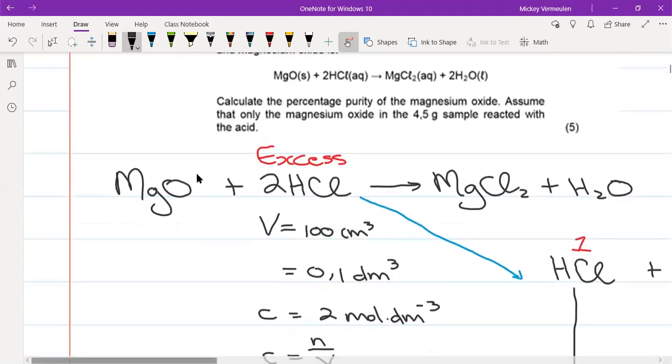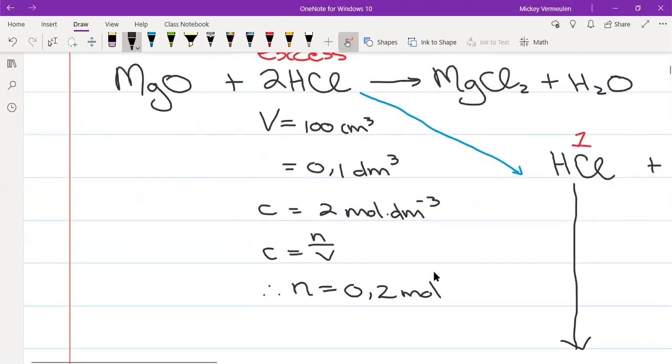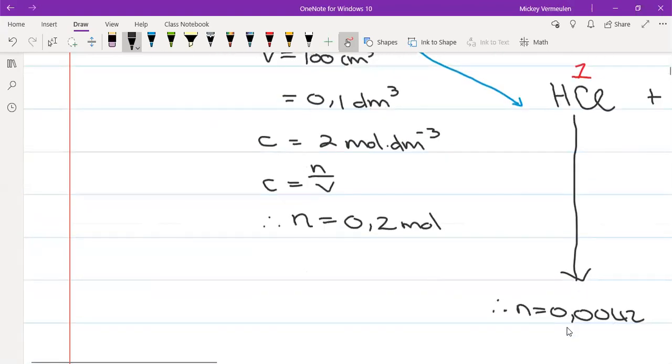So once all the magnesium oxide has reacted with the hydrochloric acid, we know we have 0,0042 moles of hydrochloric acid left. We started with 0,2 moles.